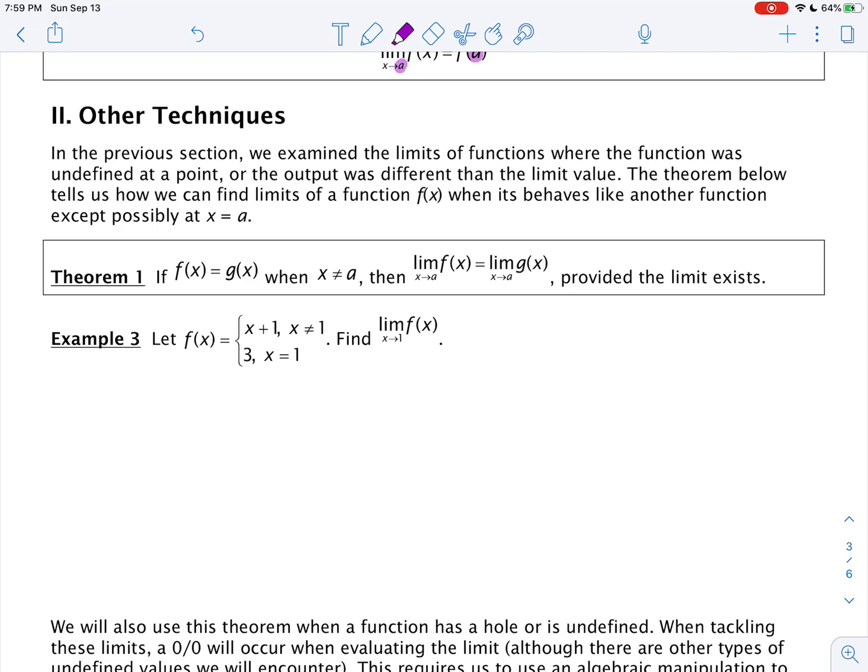So what is the limit as x approaches 1? If we graph our function, what does our graph look like? We go up 1 and over 1, up 1 and over 1, and we would have this graph.